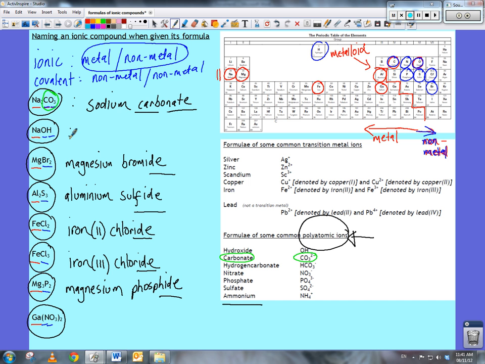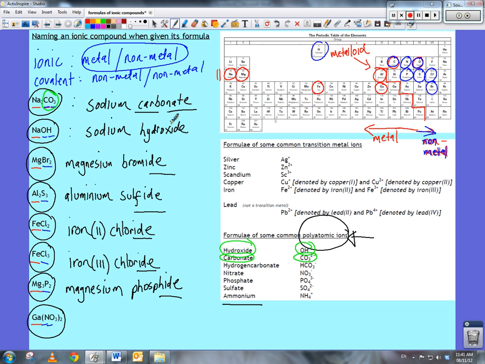Next we have again NaOH. Na again is the sodium. Now we have another peculiar ion, the OH. If we look down here we'll find that we've got OH minus, which is the hydroxide ion. And so we end up with sodium hydroxide being our name of that compound.